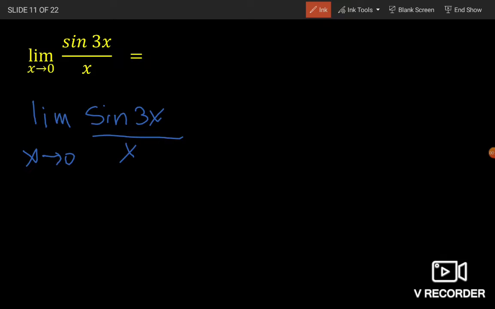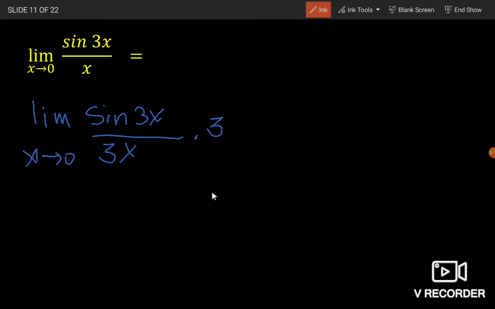Now, if I put a 3 here in the denominator, but I put a 3 as well in the numerator, this is basically multiplying by 1. You're not changing the original expression of sine 3x over x because 3 over 3 is equal to 1.